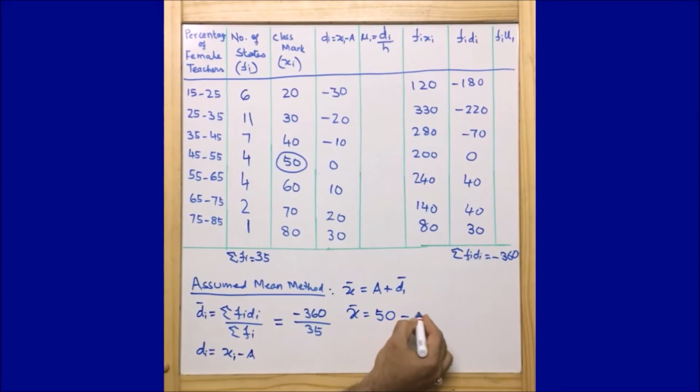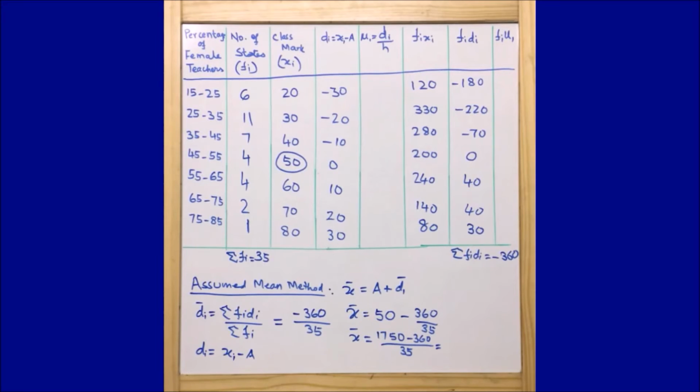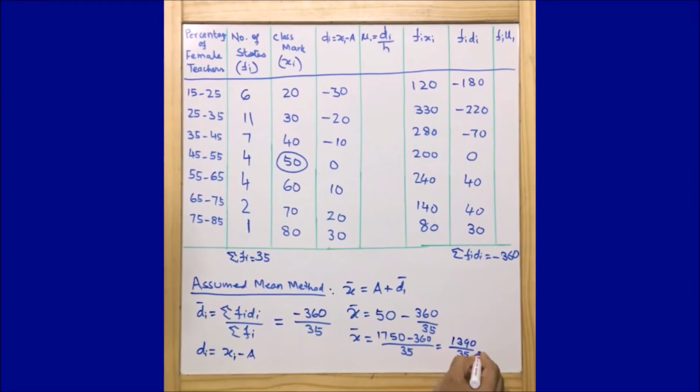Once we solve this, 50 times 35 is 1750, so x bar is equal to 1750 minus 360 upon 35. 1750 minus 360 is 1390 by 35. 1390 divided by 35 gives 39.71.